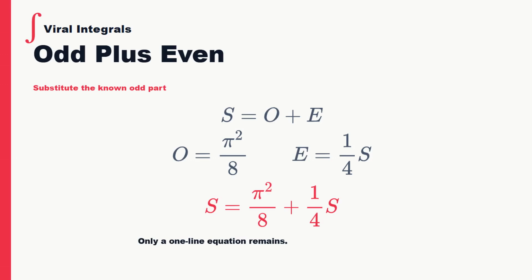So don't forget, our original sum was equal to the odd plus the even. And the odd was pi squared over 8, and the even was just 1/4 of the total sum. So we have our total sum equaling pi squared over 8 plus 1/4 of our total sum.